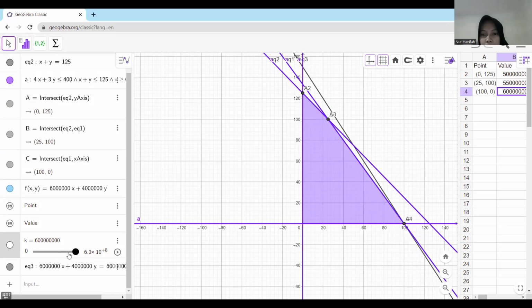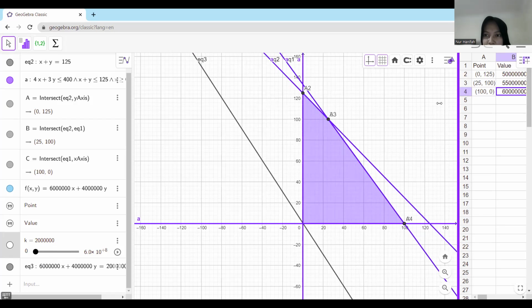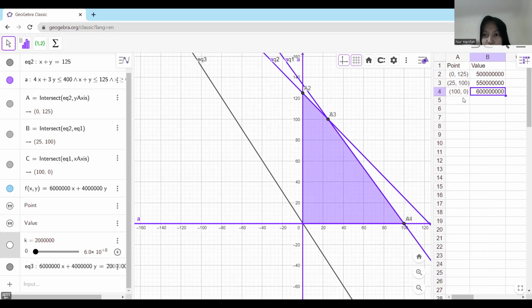So that's all, the solving problem of linear programming by graph method and line of inquiry. We can conclude that the maximum value of this problem is equal to 600 million, where the point C is 100,0.